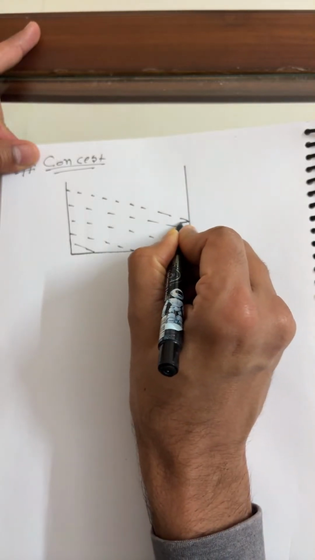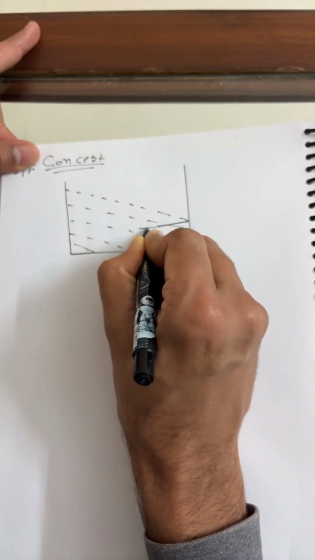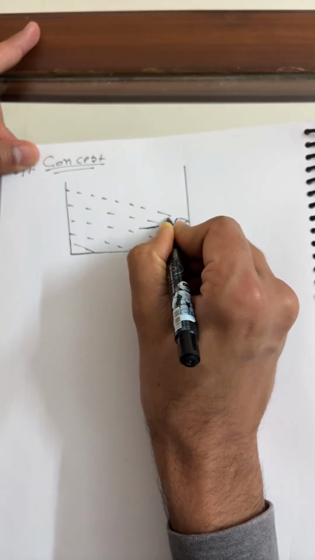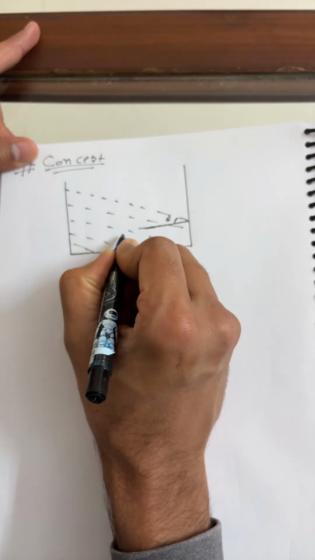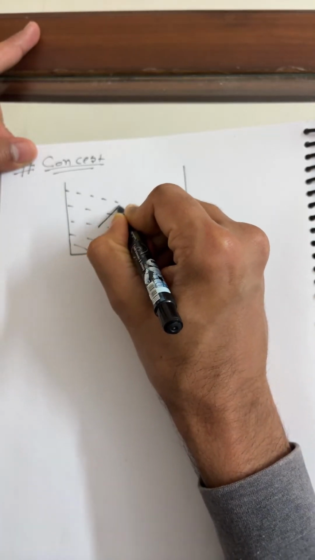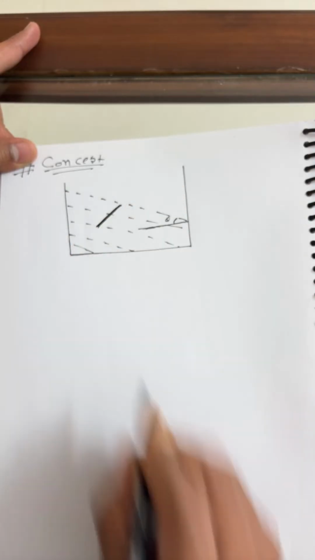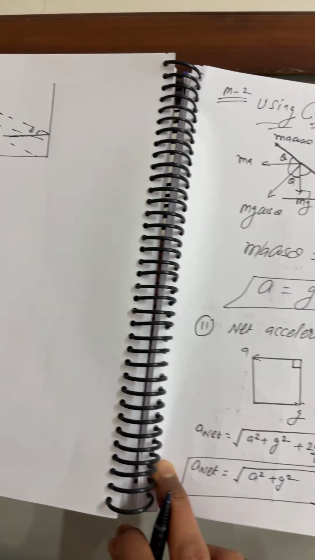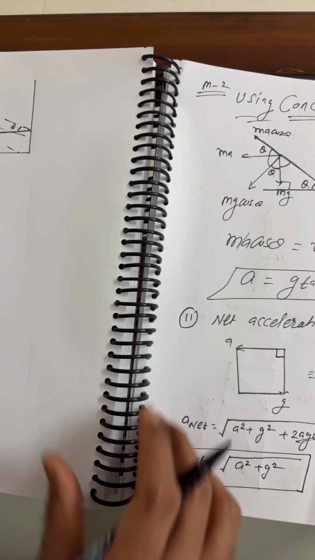Now, this angle is theta. On behalf of this angle, let us suppose I'm considering h. This h is parallel to g effective. This is basically g effective.